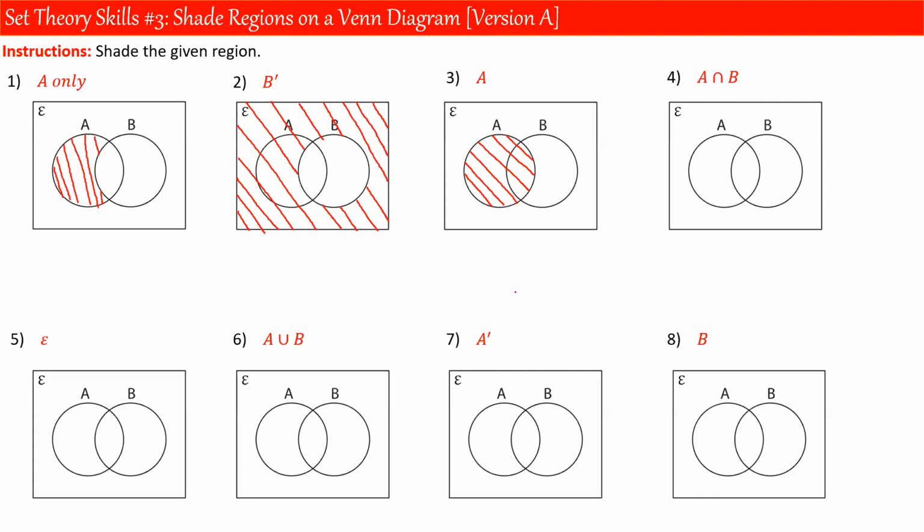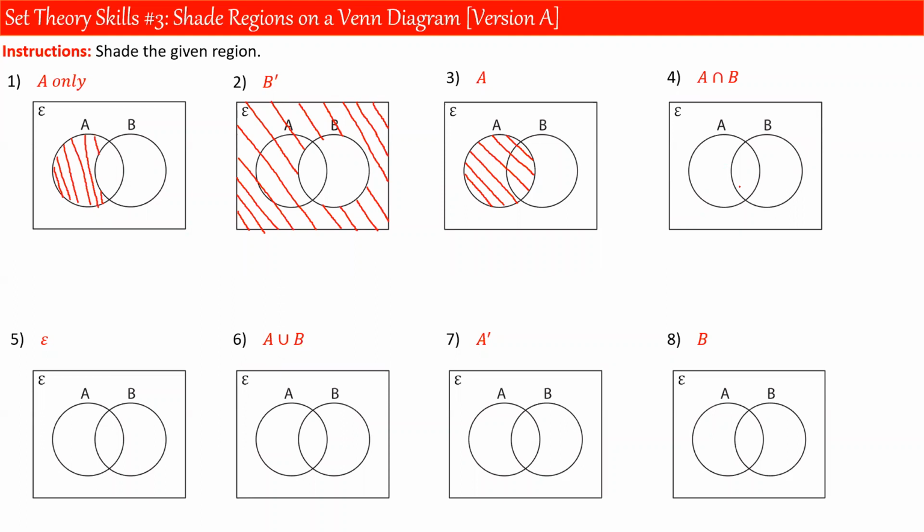A intersect B. Who's gonna help me with that one? I could do it. No, you can't go again. Who wanna help me with A intersect B? I think you just do the middle part where they intersect. Very good. Moisha, did you send in your work yet?